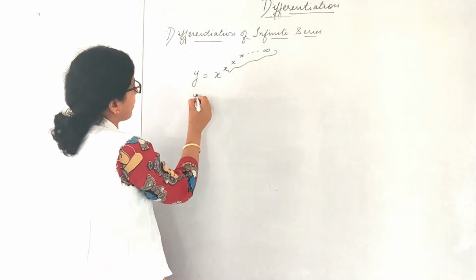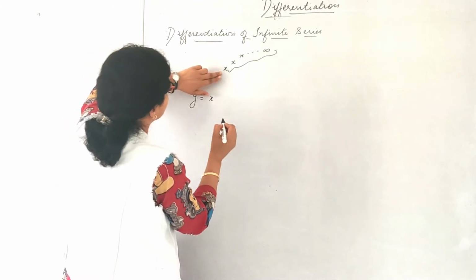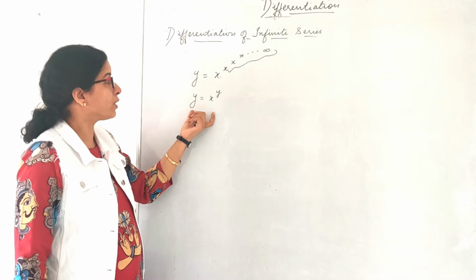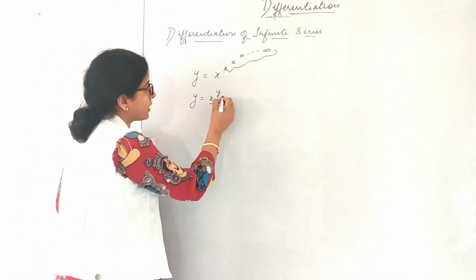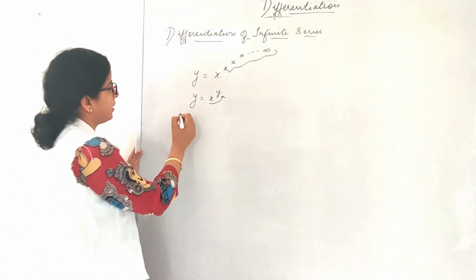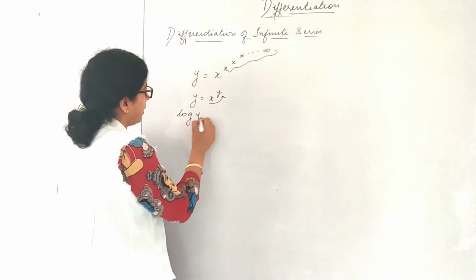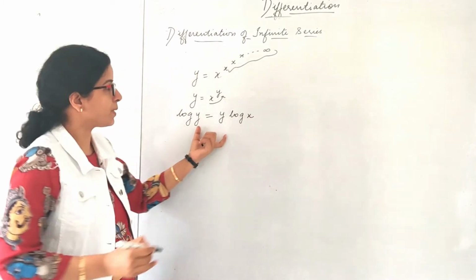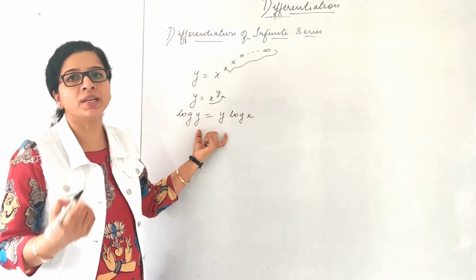So how am I going to solve this differentiation? y is equal to x to the power y. If I delete this term, again I am getting the value of y. So in this part, since it is a function raised to the power function, I am going to take the log. So log y equals y log x. Now this becomes the differentiation of an implicit function.